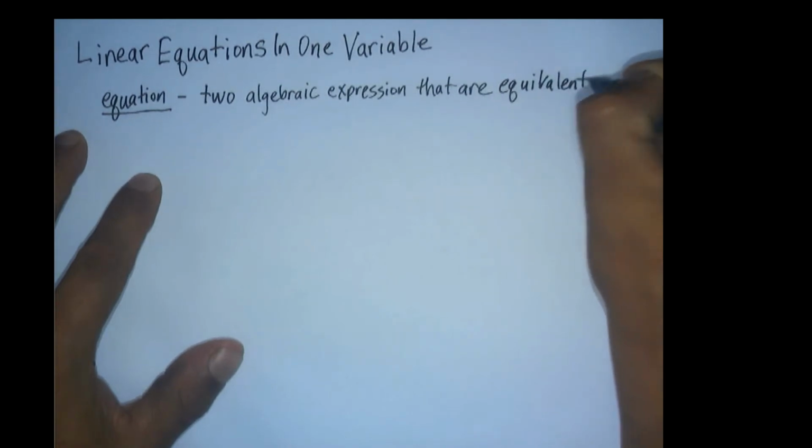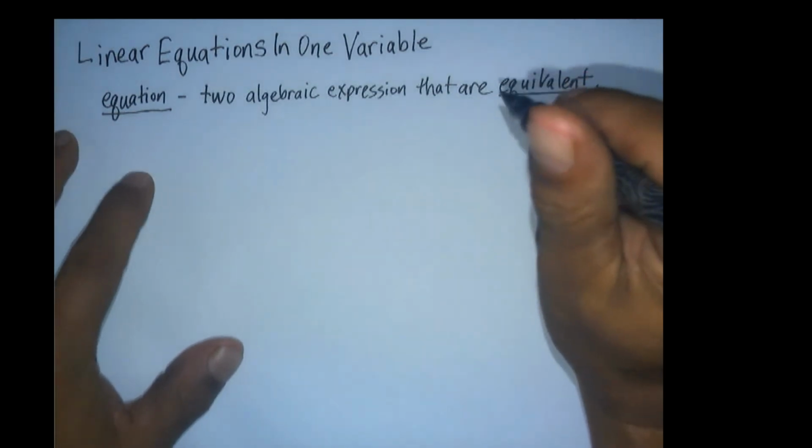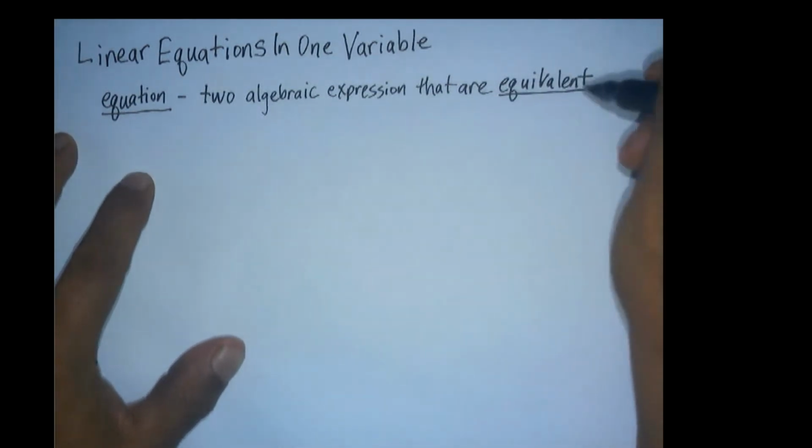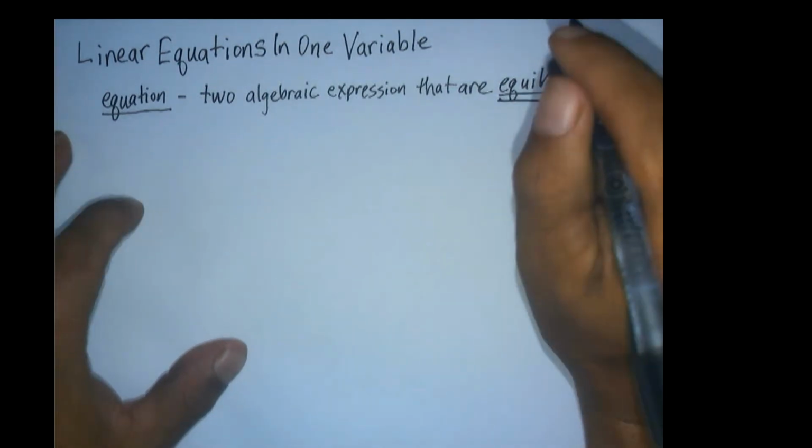Another big word. Equivalent means equal to each other. Same. And that's one thing that we need to talk about in a minute, this word equivalent, because it's going to be used a lot in the next few lectures.